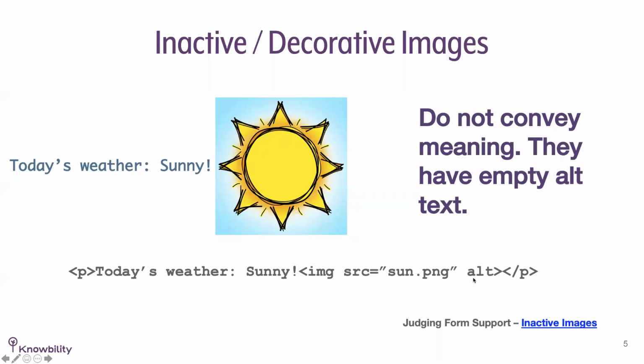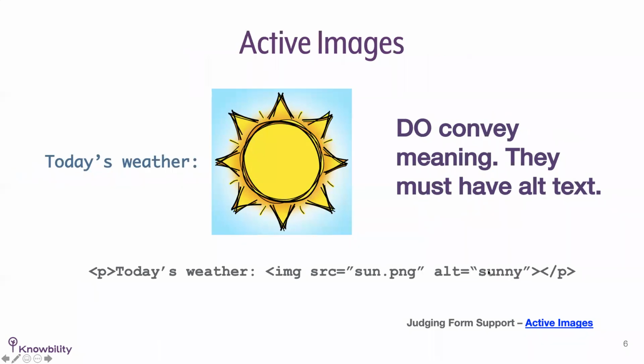Now, I know many of you will be using content management systems, and you should be aware that almost all of the major ones allow you to enter text, but sometimes you can't enter empty alt text, so you may have to actually put in a value. I probably should have started with the next slide, where in this case the image does convey meaning.